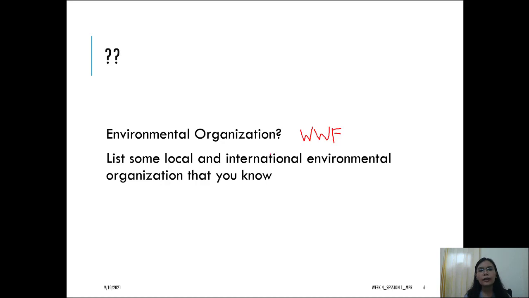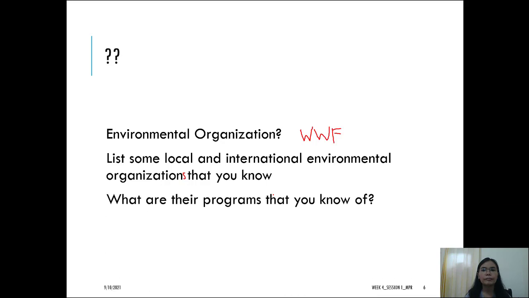For the second warm-up activity, I have one instruction. List some local and international environmental organizations that you know, because that will be our topic for the reading.